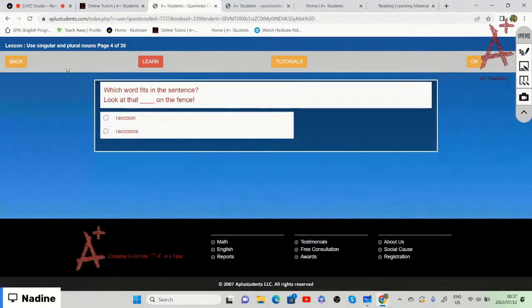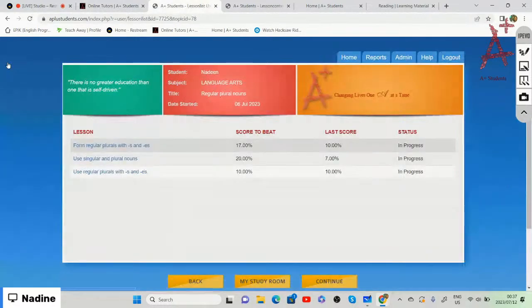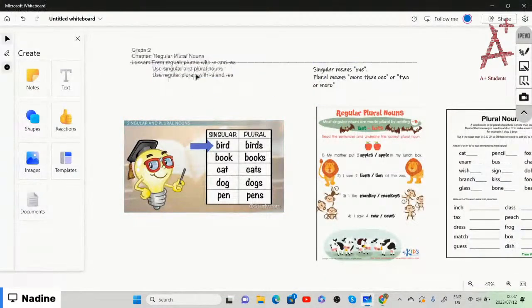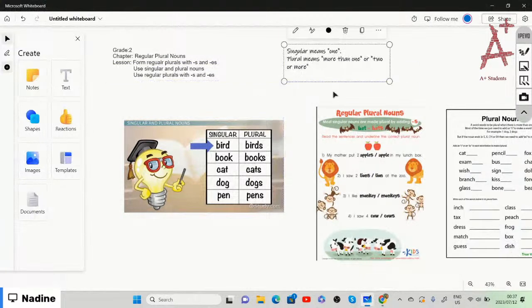Okay. So now we're going to go back, because we basically just completed the lesson on using singular as well as plural nouns. So before we use regular plurals with S and ES, right, let us quickly go back to our whiteboard. We said singular means only one or it refers to one, and plural means it refers to more than one or it refers to two or more, right?